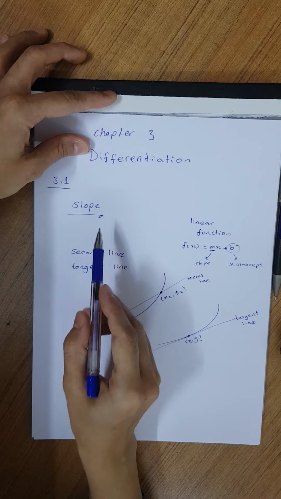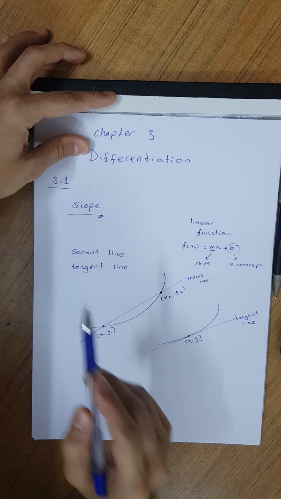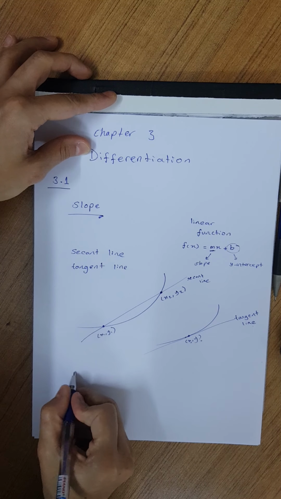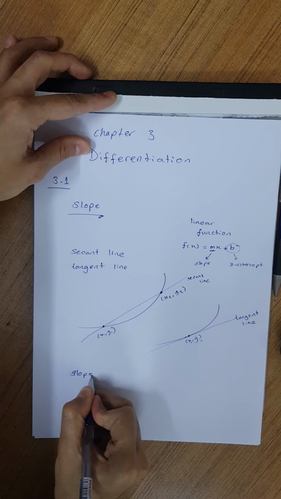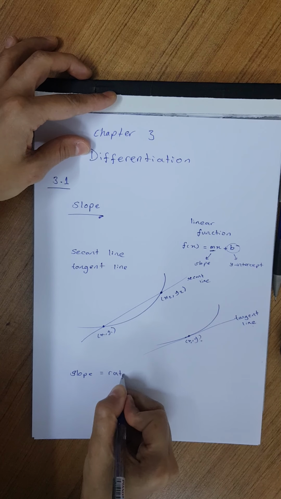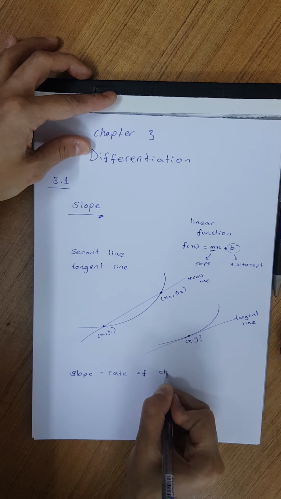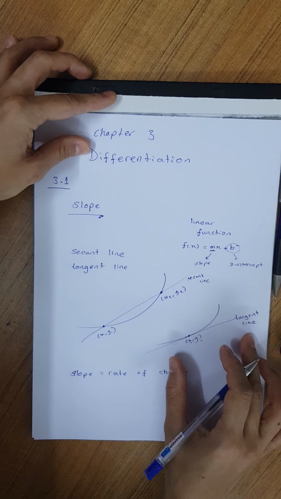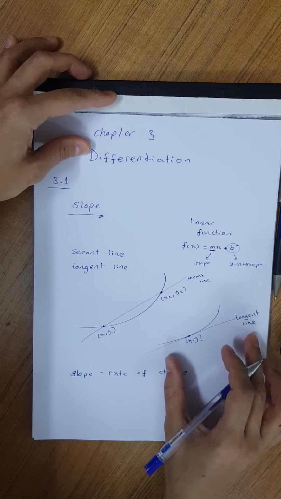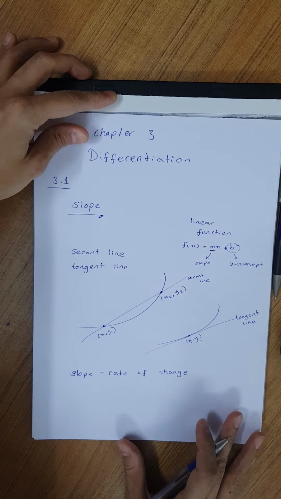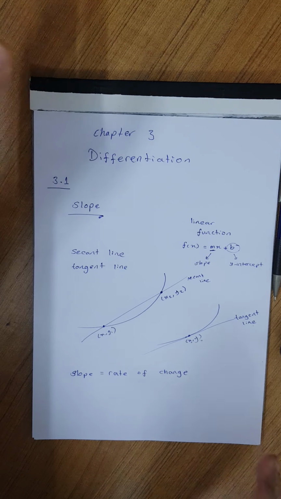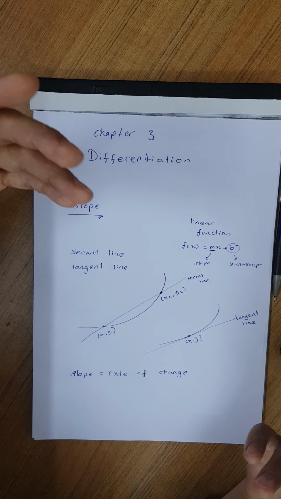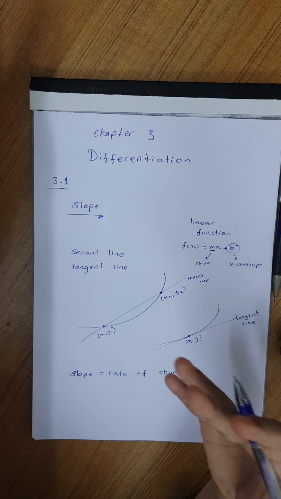In general, when we are talking about slope, it is rate of change. So in general, slope is what? Slope is rate of change. What is the relation between the rate of change and the secant line and tangent line that I talked about? When we are saying slope is rate of change, we mean that any change occurring depending on something else.